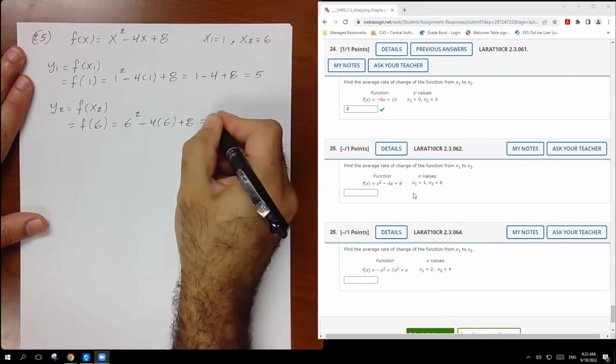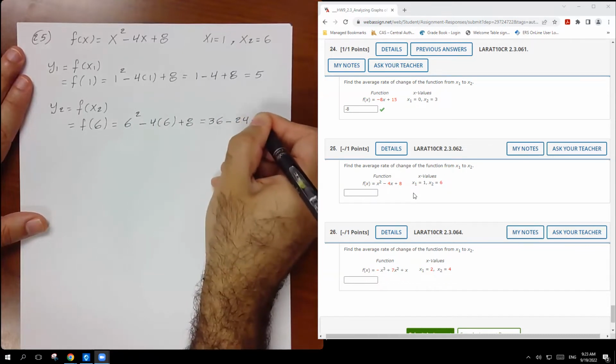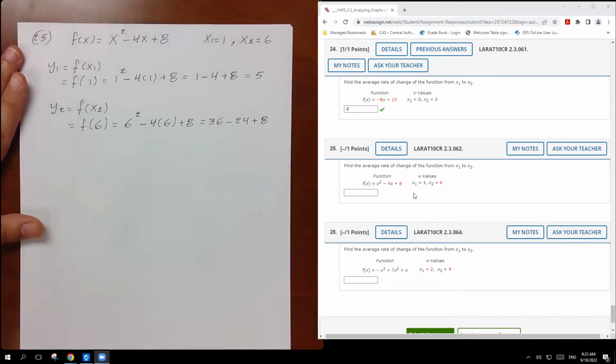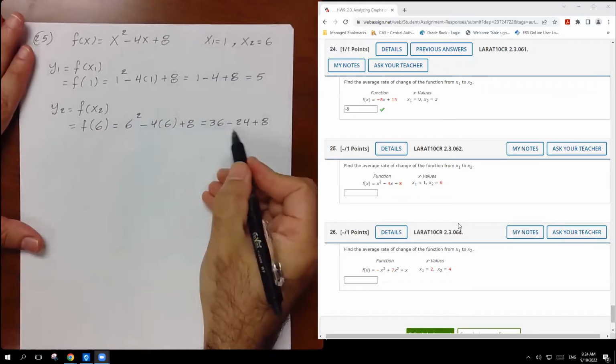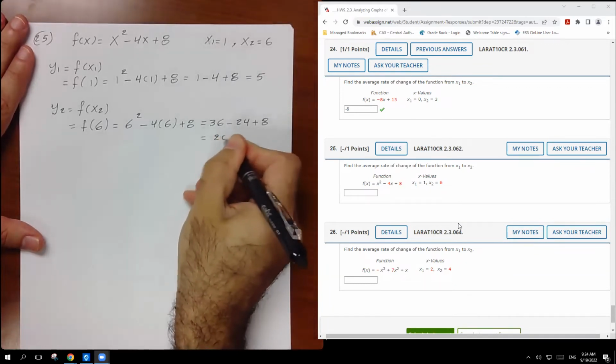That means it's going to be 36 minus 24 plus 8. This is y2. So 36 minus 24 is 12, and 12 plus 8 is 20.